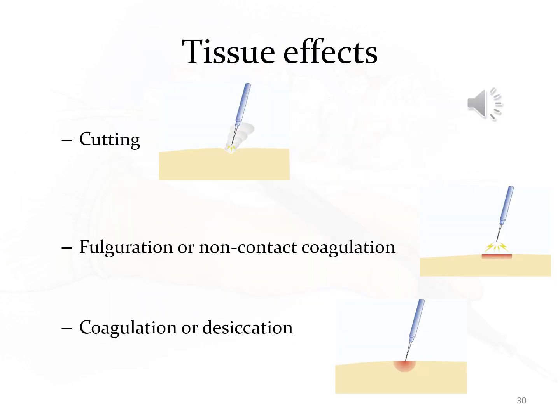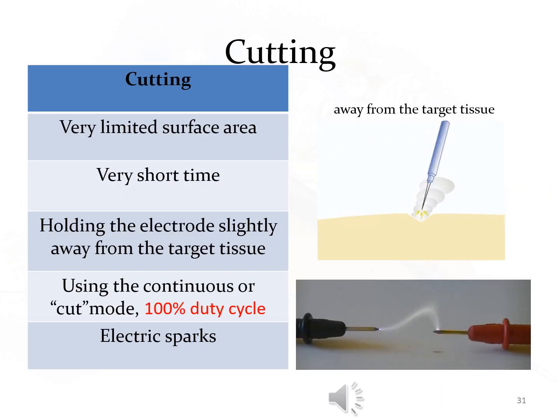Tissue effects which can be achieved with generators can be roughly divided into three basic groups: cutting, fulguration, coagulation or desiccation. Electrosurgical cutting divides tissue with electric sparks that focus intense heat at the surgical site.